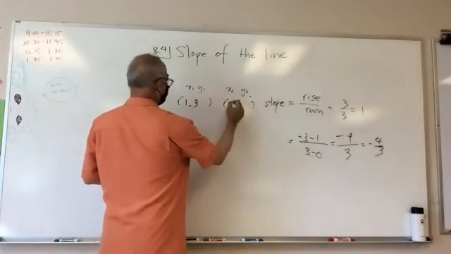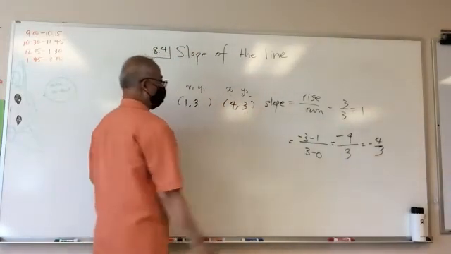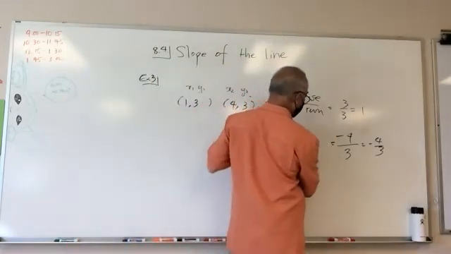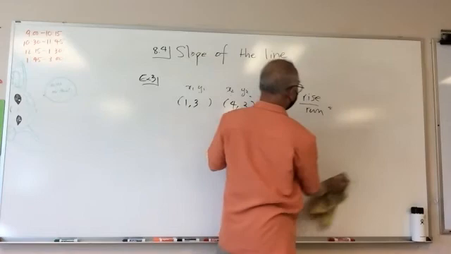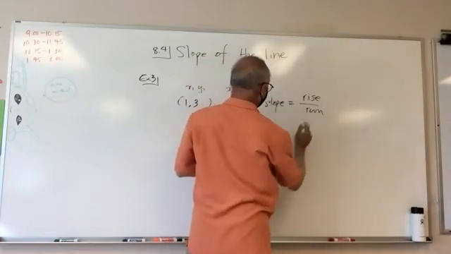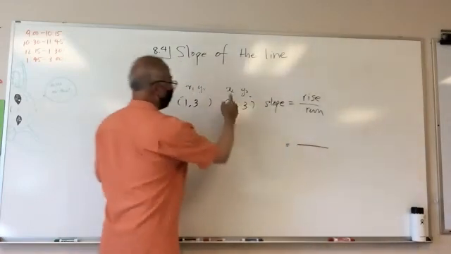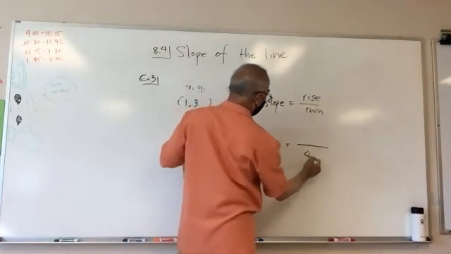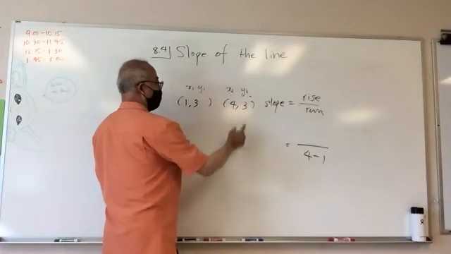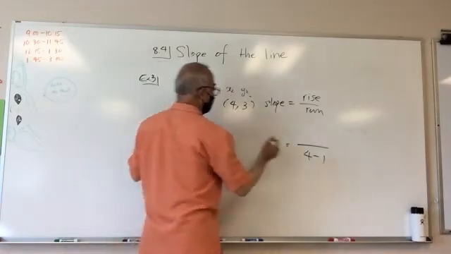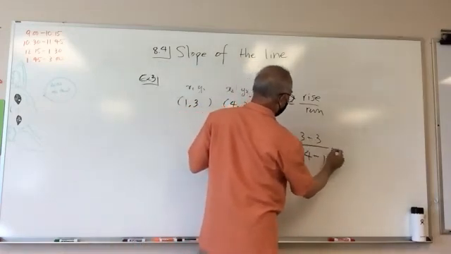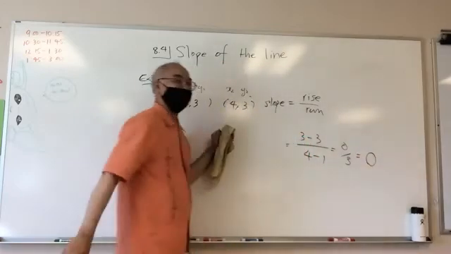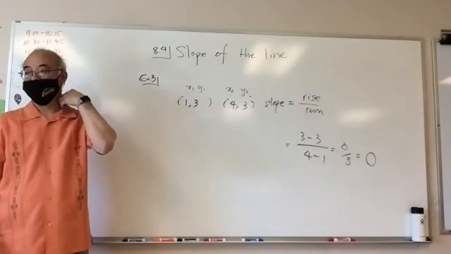So what's my run? The difference in x, x2 minus x1, so it's 4 minus 1. My rise is 3 minus 3, 0 over 3, which is 0.